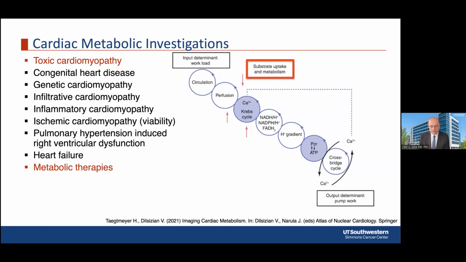And in the current era, where everybody is aware that the metabolic therapies for multiple systems are increasing in utilization, it is very appealing to be able to use such a technology.